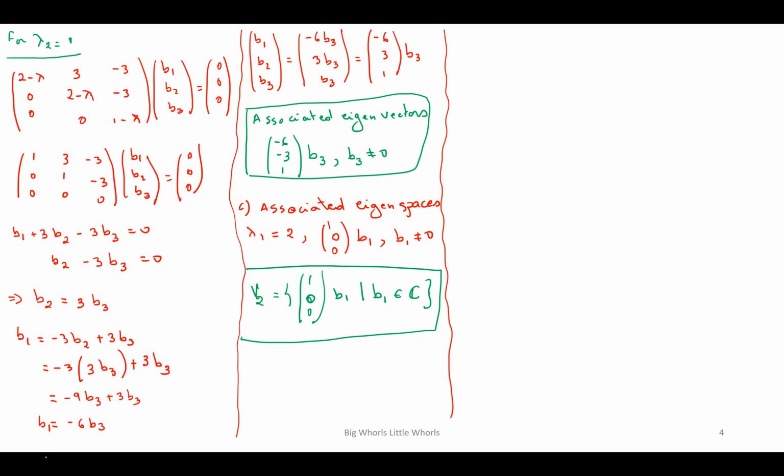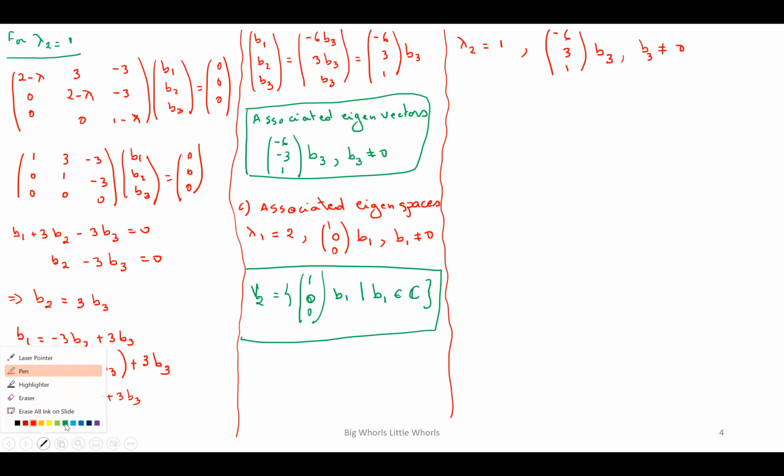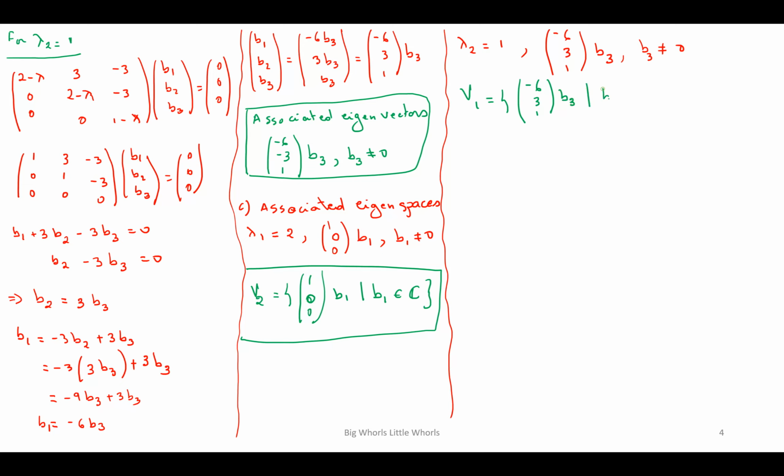And for lambda 2 equals 1, the eigenvectors are (-6, 3, 1, B3), such that B3 is different from 0. Therefore, the associated eigenspace V1 equals (-6, 3, 1, B3), such that B3 is an element of C, the complex numbers.